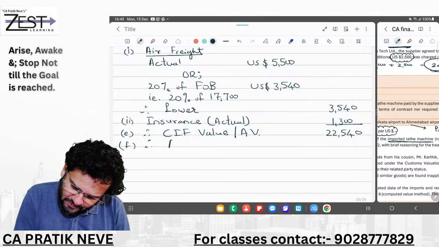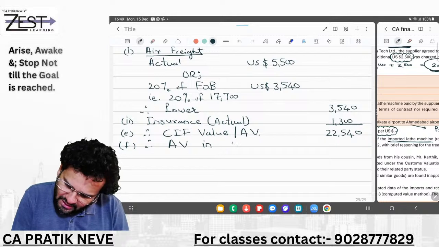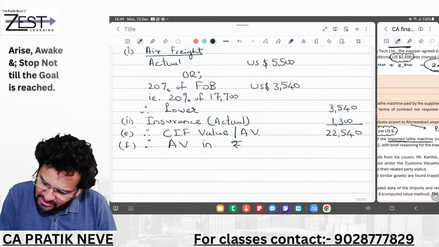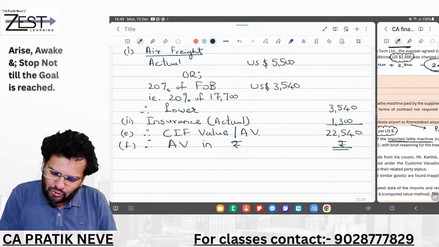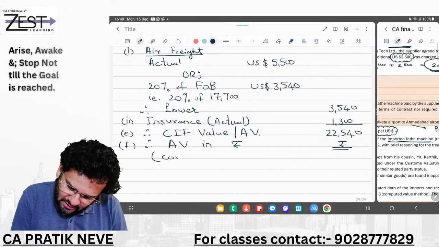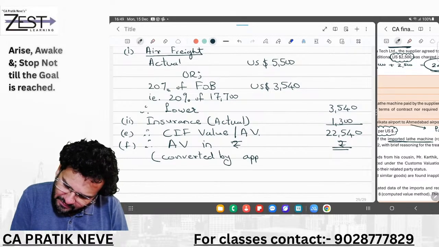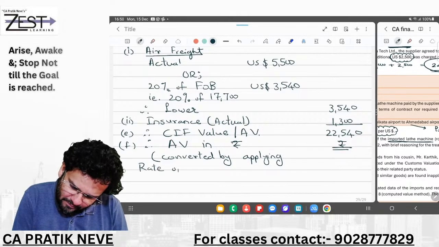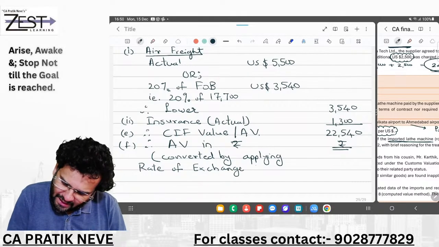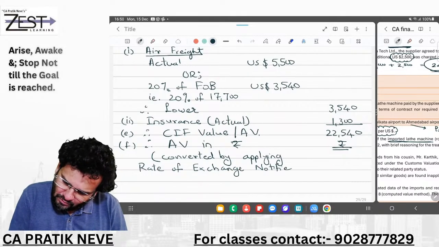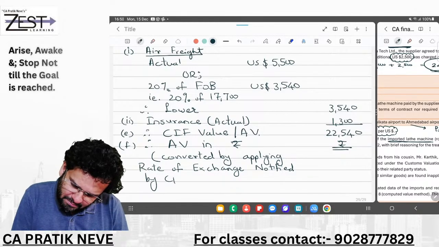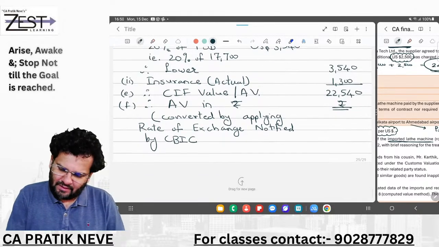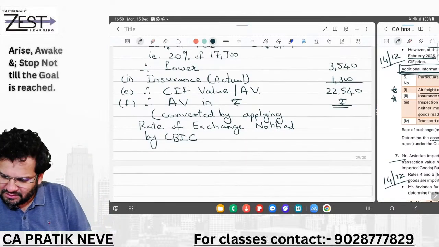Now therefore assessable value in rupees. So let us change it. Now I want it in rupees. So it is converted by applying the rate of exchange notified by CBIC. Isn't it 84?